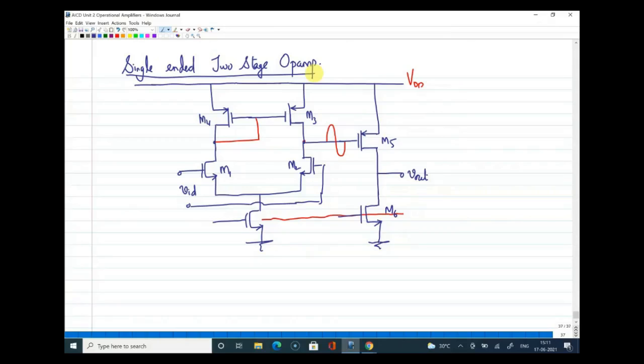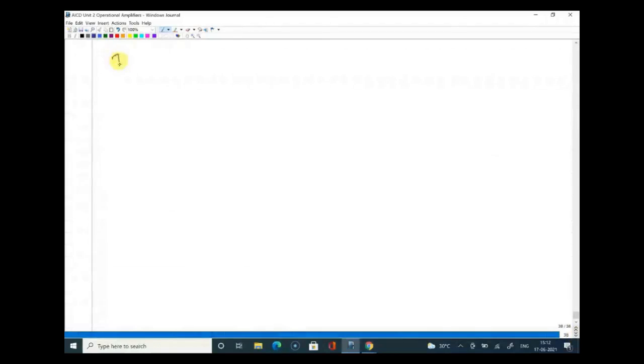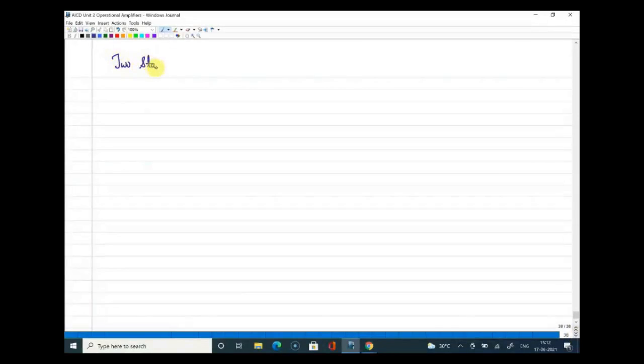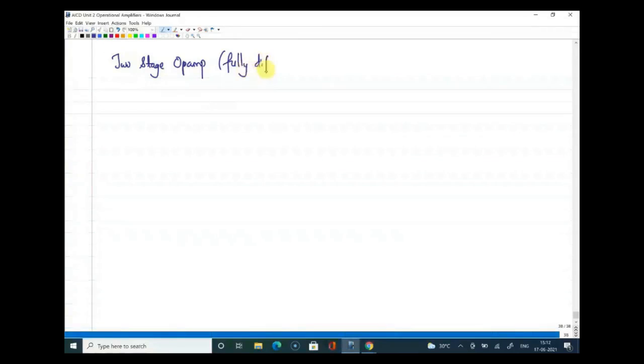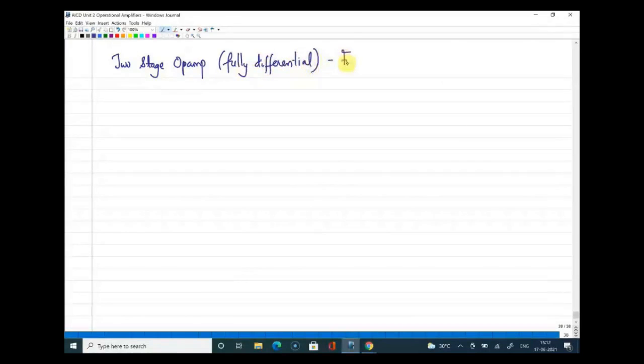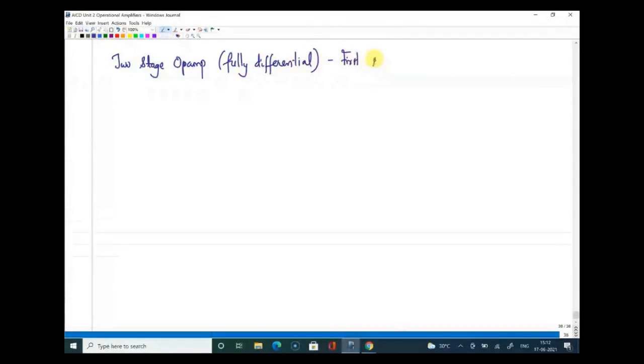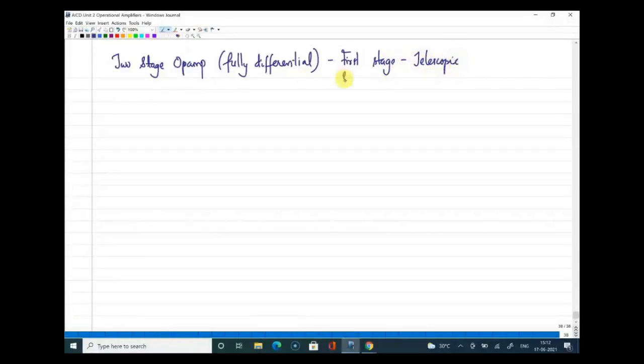One question I'll give you as homework, and with that I'll wind up. Next day we'll continue with the design of the two-stage op-amp. Try to draw a two-stage op-amp which is fully differential, keeping the first stage as telescopic, and the second stage can be a common source amplifier.